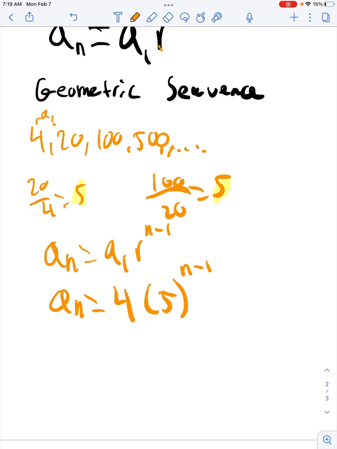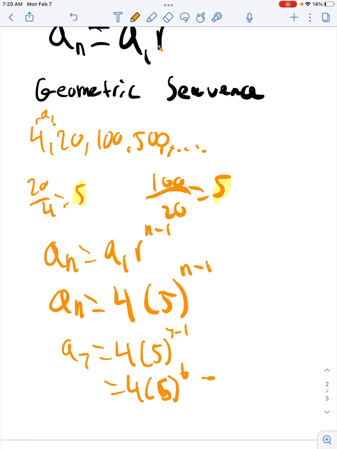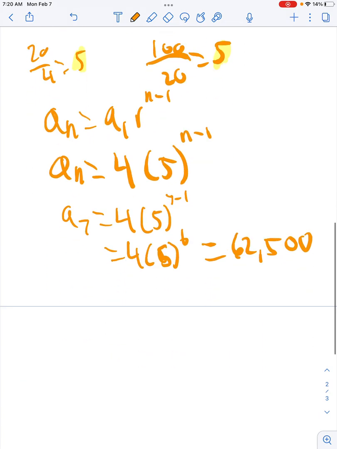So say I wanted to find the seventh term, I would say a sub 7 equals 4 times 5 to the 7 minus 1, which is 4 times 5 to the 6th power. And plugging that in to my calculator, it's going to equal 62,500. So again, I can write a rule for my sequence. I can find specific terms after I've written the rule.